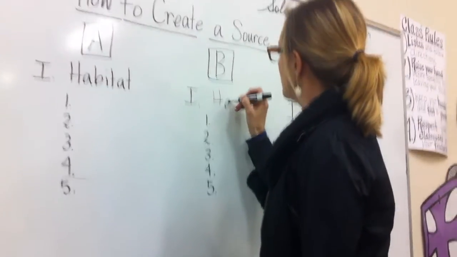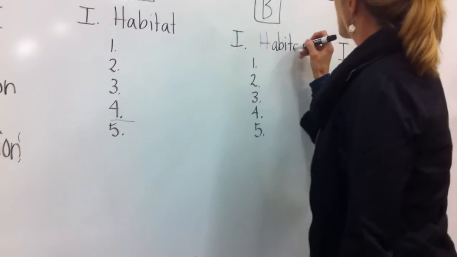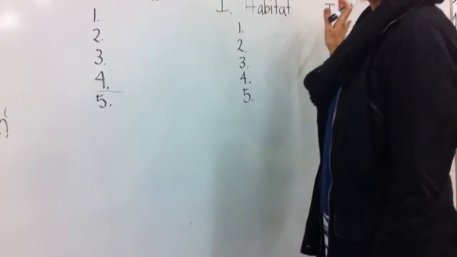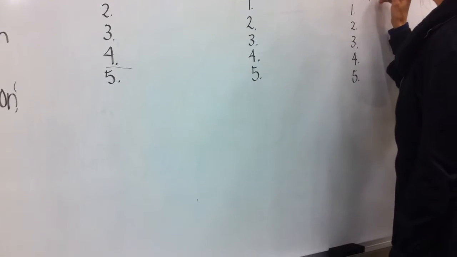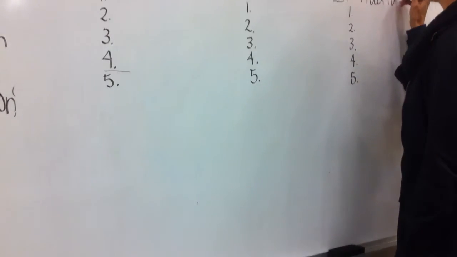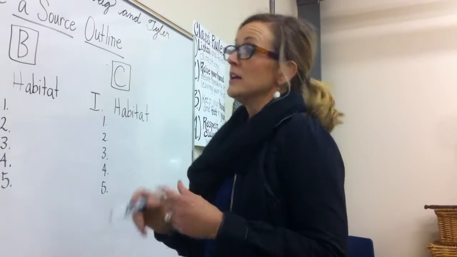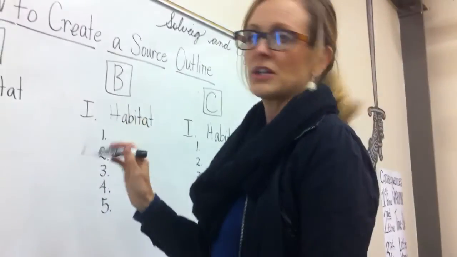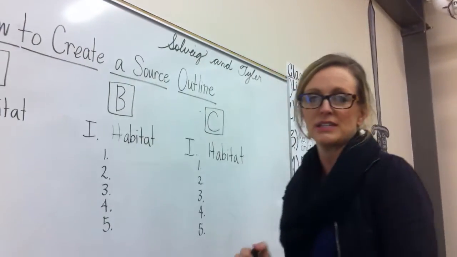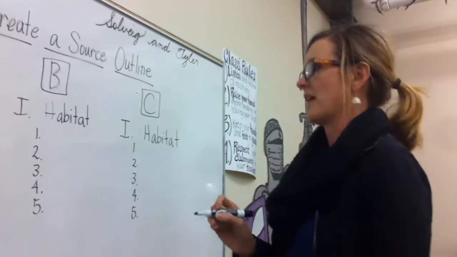And you're going to do a little mini outline for each source that you have and find the important or interesting information about habitats in each one of those sources, okay? So, I won't go into details here. You know, y'all have been through this process many times of finding the keywords, important facts.